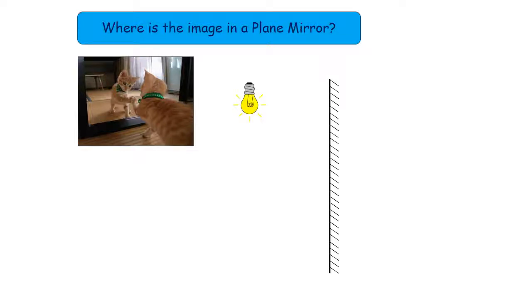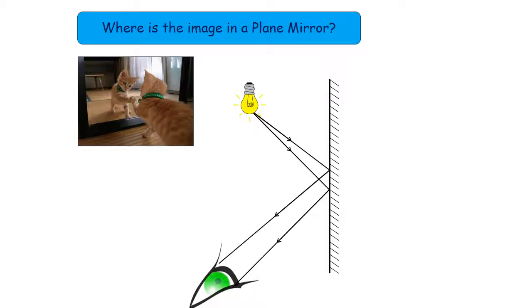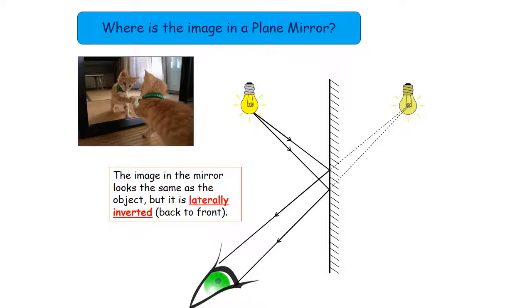Well, here we have a wonderful light bulb. If you draw a ray to the plane mirror, it will reflect off at an equal angle. It can be seen by the eyes, and what we have is the image in the mirror, which looks the same as the object, but it is laterally inverted, or back to front.